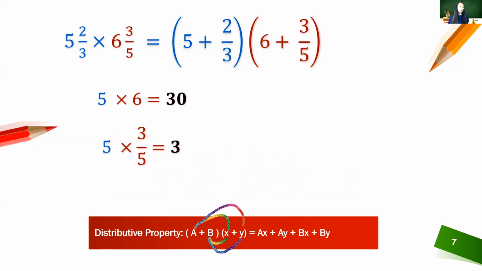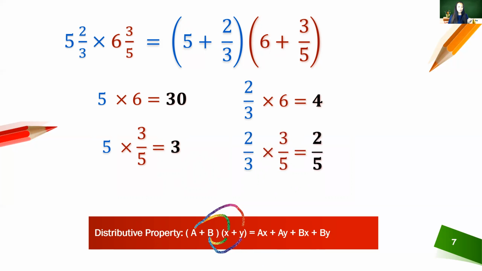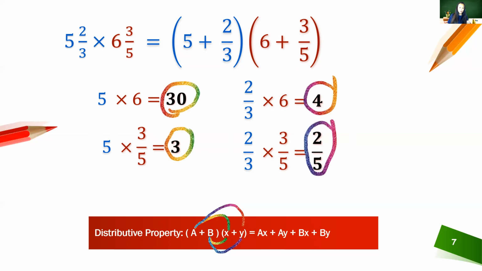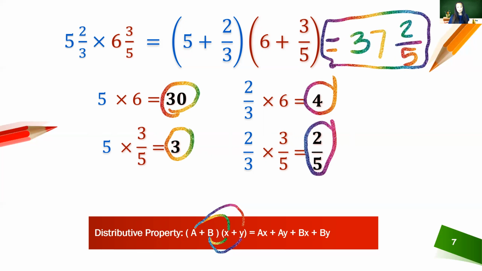Okay, and then the second part would be to take the 2/3 and multiply it by 6. That would give you 12/3, which is 4. And then take the 2/3 and distribute it to 3/5, and you will get 6/15, which reduces to 2/5. And then you would add up all of these results, and that still will give you 37 2/5.